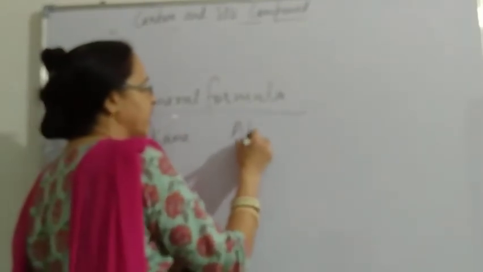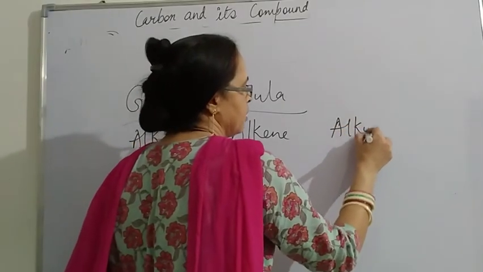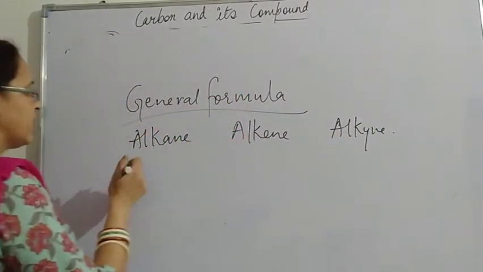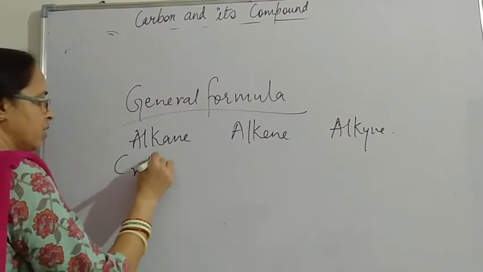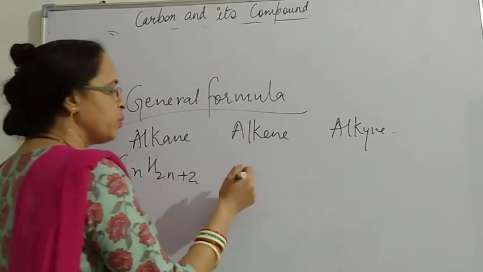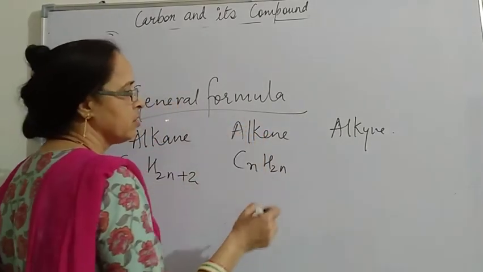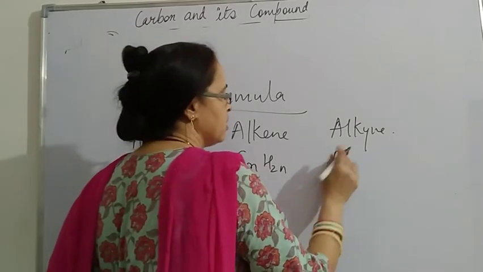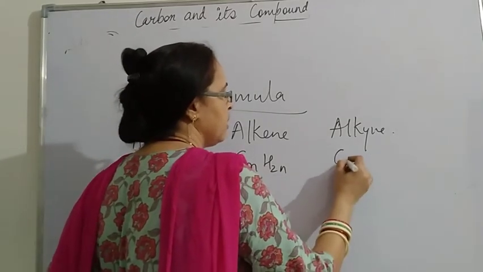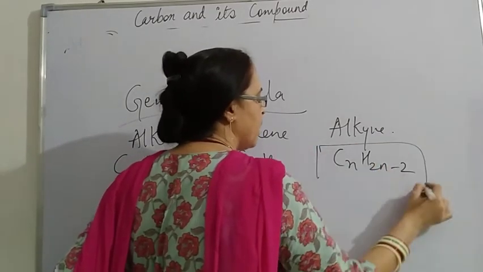For example, first we'll talk about alkane, then alkene, and then alkyne. So the general formula for alkane is CnH2n plus 2. The general formula for alkene is CnH2n, and for alkyne it is CnH2n minus 2.